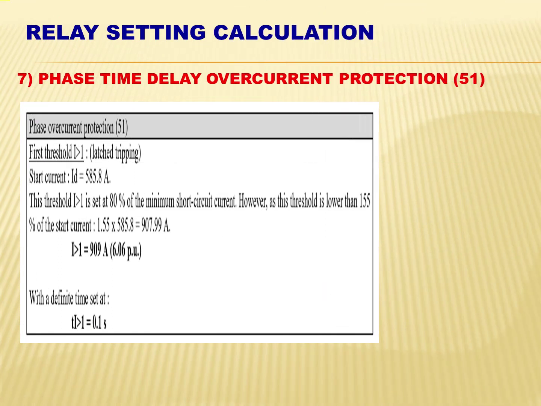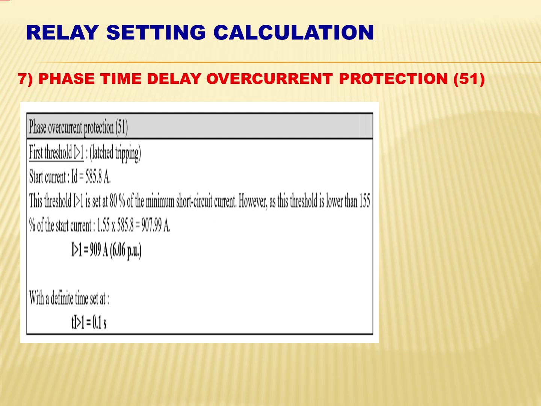Our phase time delay over current protection, we have two criteria here. First, to calculate the setting or the threshold value, multiply the minimum short circuit current by 80%. The second criteria is we need to multiply the starting current by 155%.